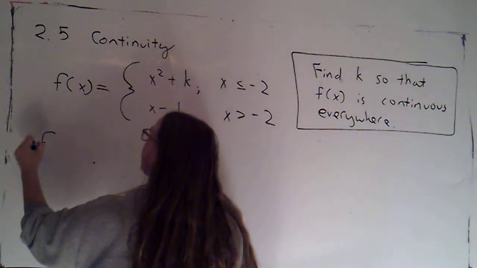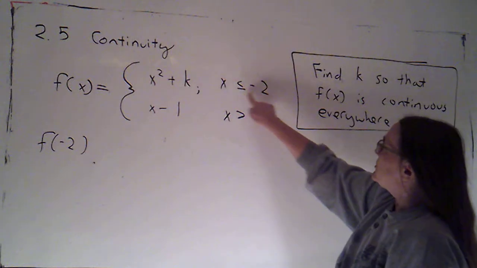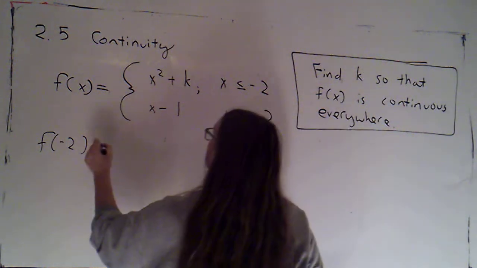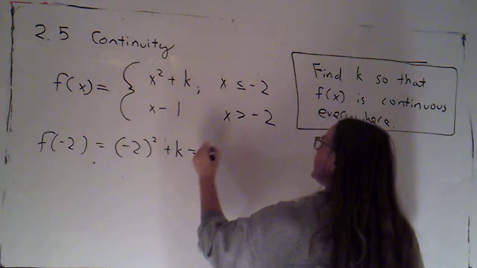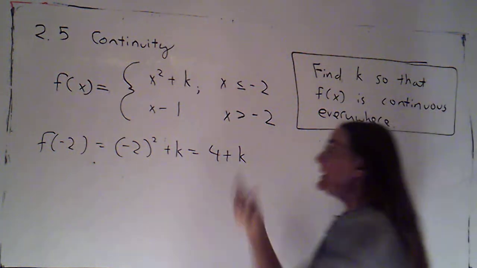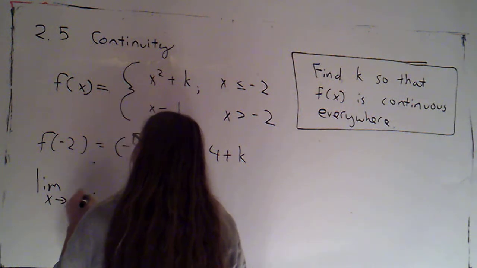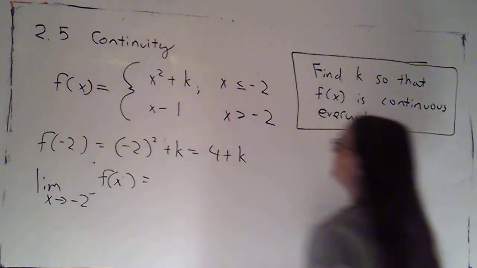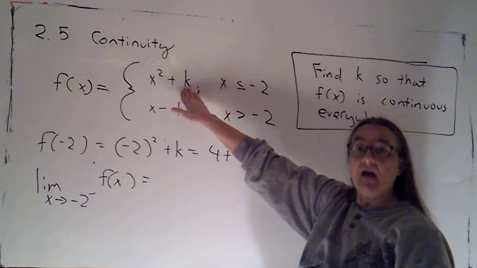So if I look at f of negative 2, the rule I use when x is negative 2 is this top rule. So that would just be negative 2 squared plus k. So that's going to be 4 plus k. Okay, let's take the limit from the left. The limit as x approaches negative 2 from the left of f of x. Now, if we're coming from the left, then again, we're using the top rule.